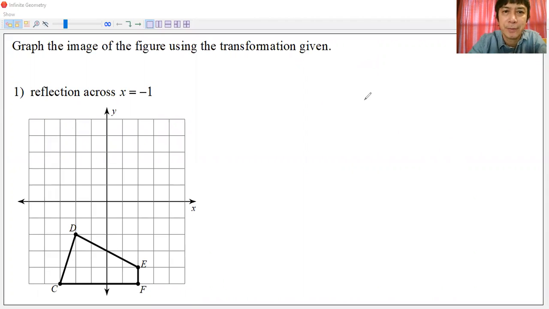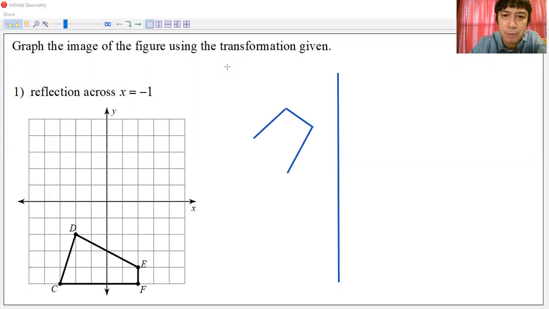some concepts about it. Let's consider a line of reflection, and then let's start with the given pre-image there. Now, in reflection, you're going to have the figure across it, okay? It's like a mirror. So sometimes this is called the mirror line.